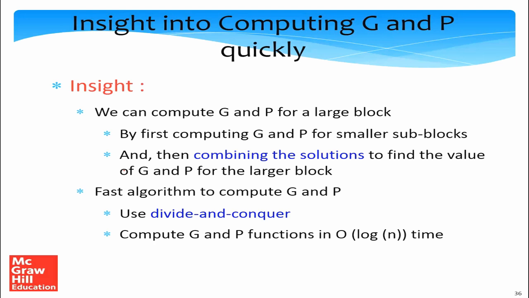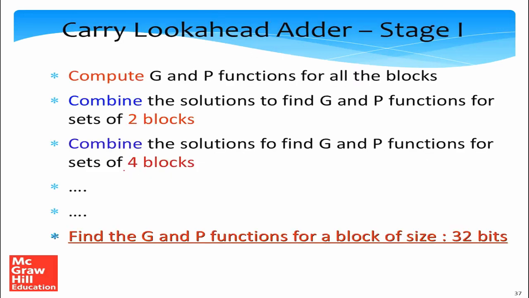So basically we want to do this in order log n time. Let's see how. The carry look ahead adder is similar to the carry select adder in the sense that there are two stages. In stage 1, we compute the generate and propagate functions for all the blocks. How do we do it?